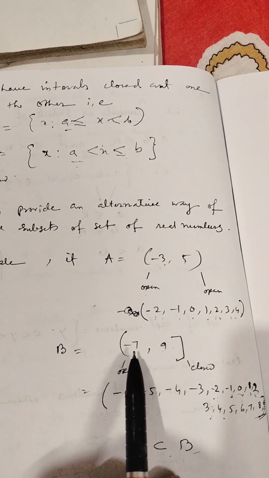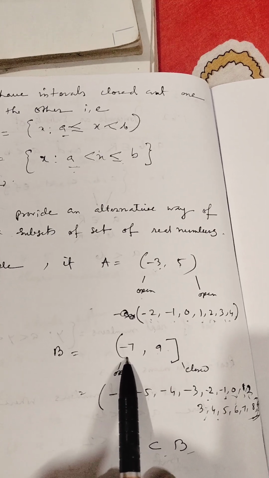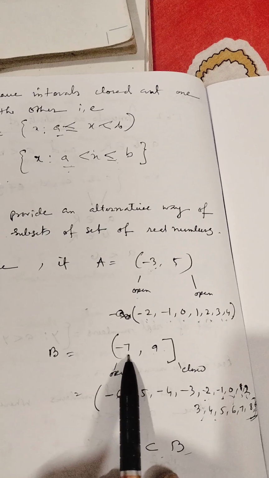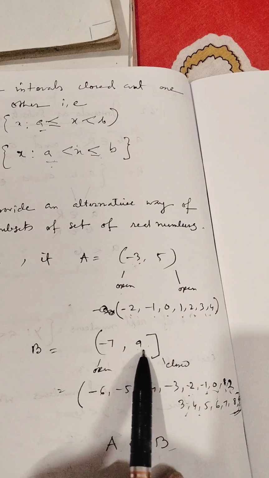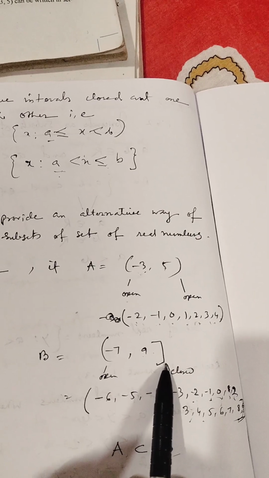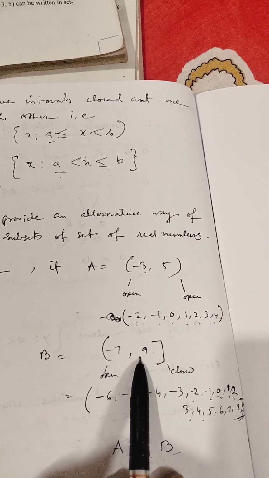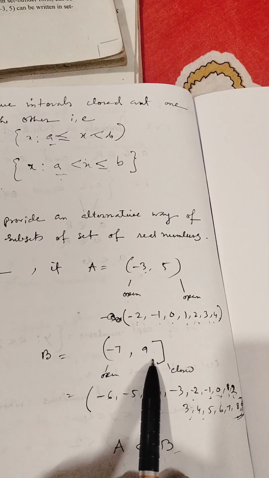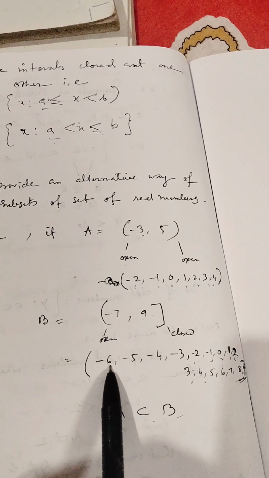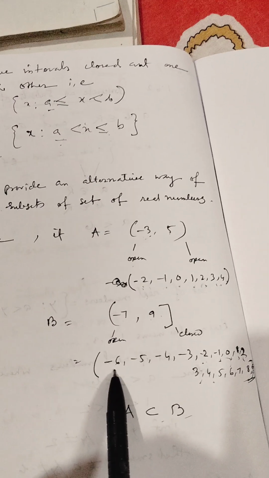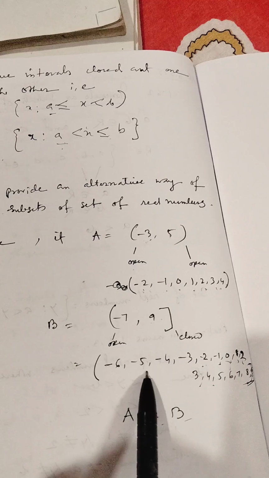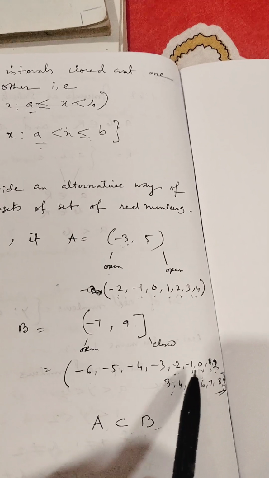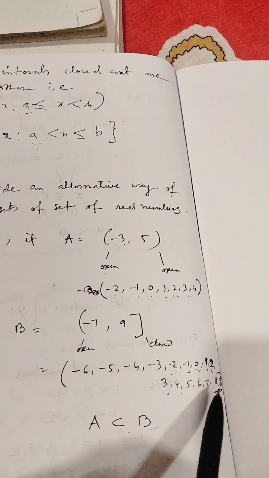Now next, B is (-7, 9]. -7 is open, it does not include -7, greater than -7. And 9 is closed, that means up to 9 is included. Now the elements of B are -6, -5, -4, -3, -2, -1, 0, 1, 2, 3, 4, 5, 6, 7, 8, 9.